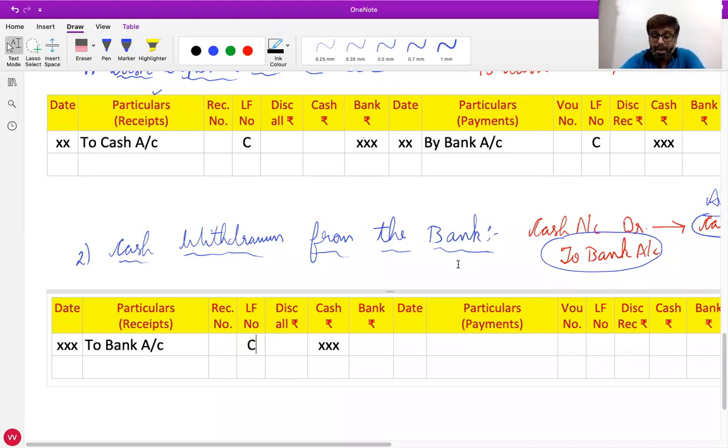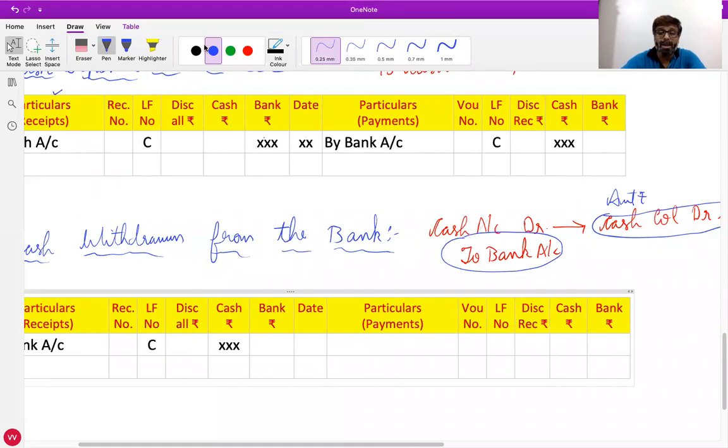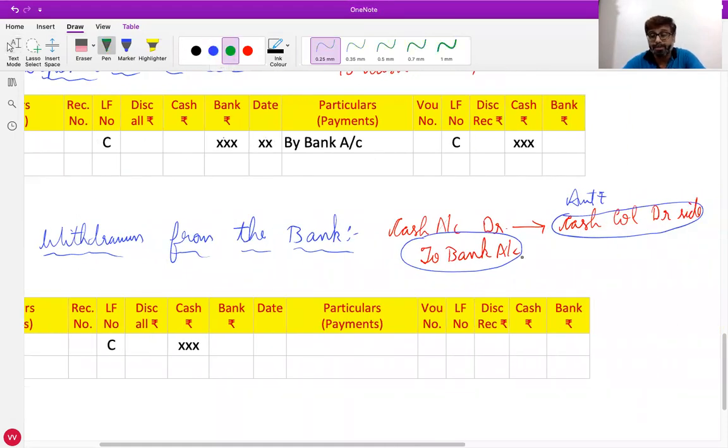C. Now, what do you mean by to bank account? The amount will be credited. In the bank column you will write the amount on the credit side.